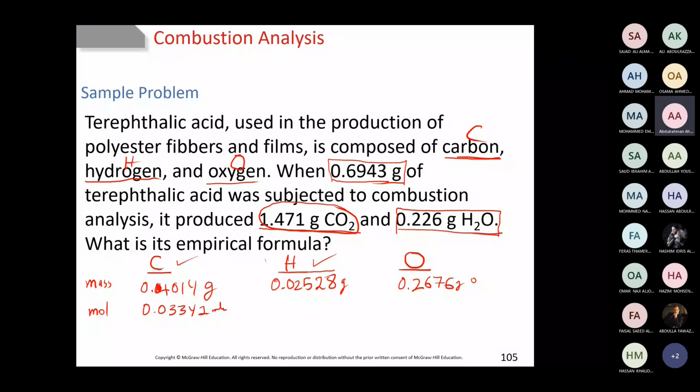How many moles? 0.0250. 0.02507 or 8. I have 8 actually, but 7 is okay. Very good. Mole. Good. And then the last one, oxygen.